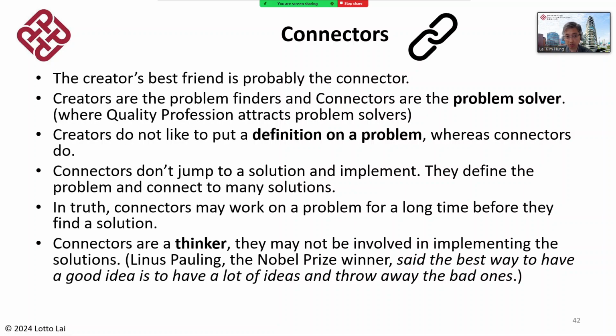However, connectors do not jump directly to a solution and implement it. They will define the problem and connect many solutions. Creators may work on the problem for a long time before they find the solution.